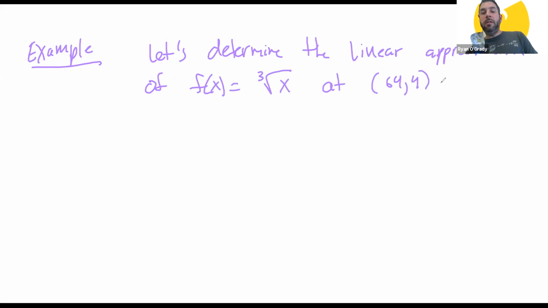Now, am I pulling these numbers out of my you know what? No, I'm not. Think about it for a second. And then use this to approximate the cubed root of 65.